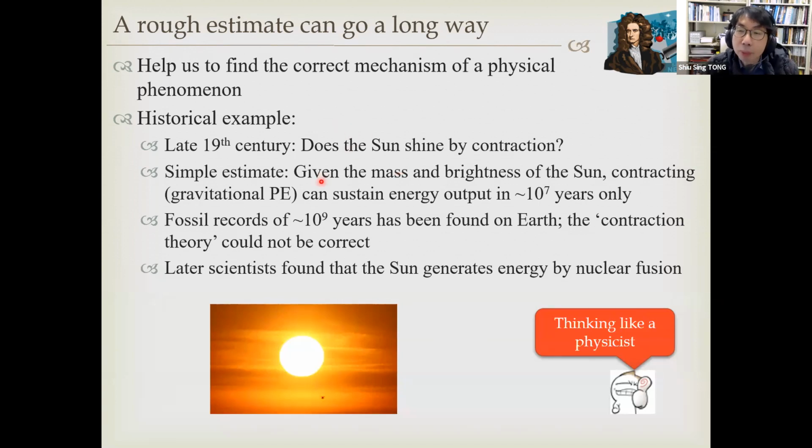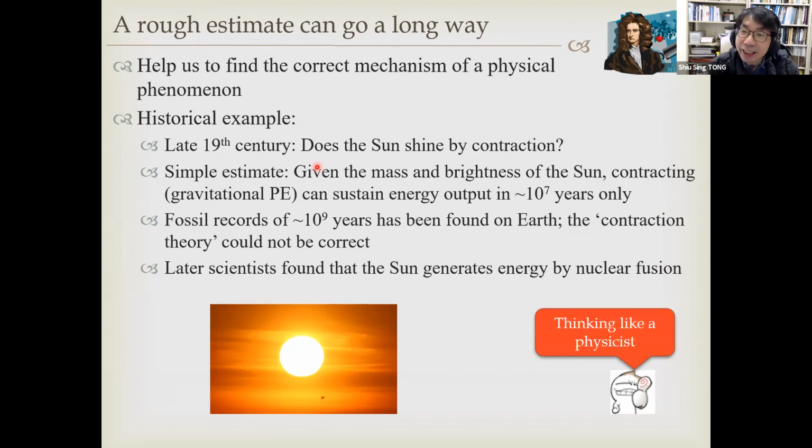Now, let me give you an example. In the late 19th century, people were wondering why the sun shines. What powers the sun? What is the energy source of the sun?